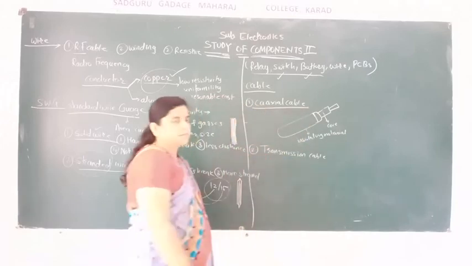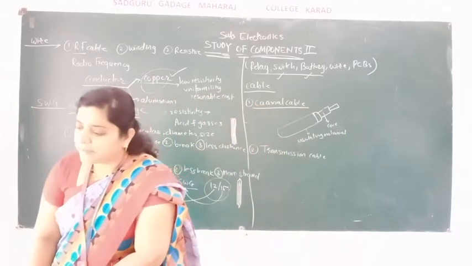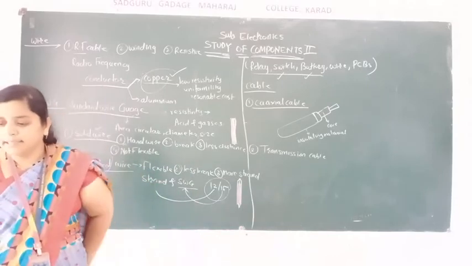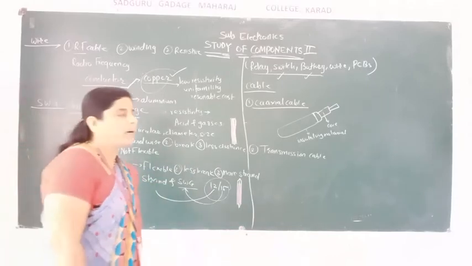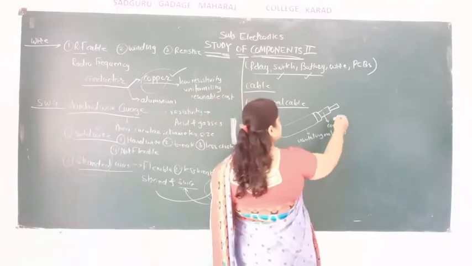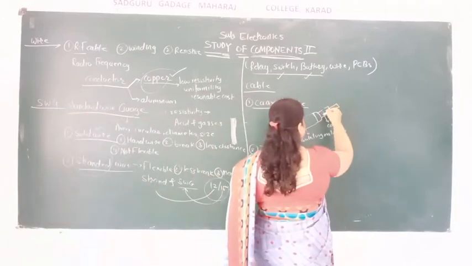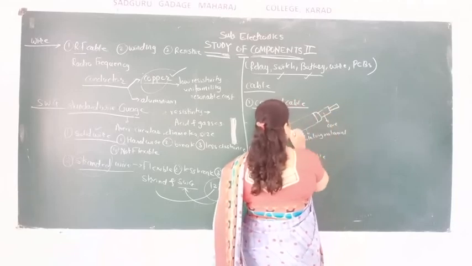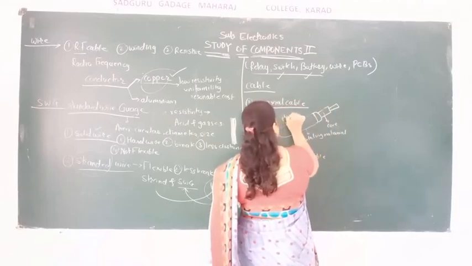This is the coaxial cable. Cables have two or more common coverings, each wire insulated from the other. This is the core, which is insulated, again insulated, and again insulated in plastic material.